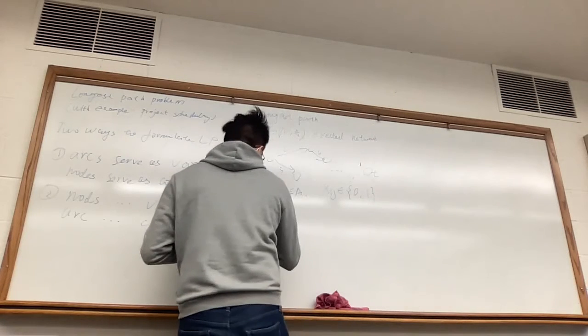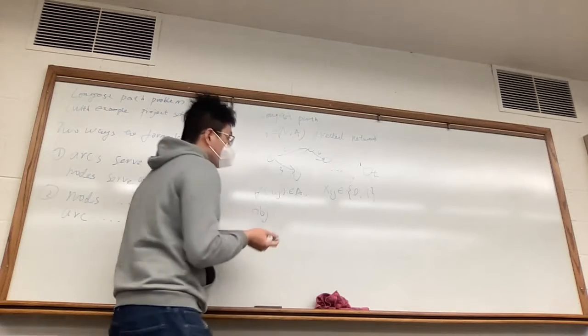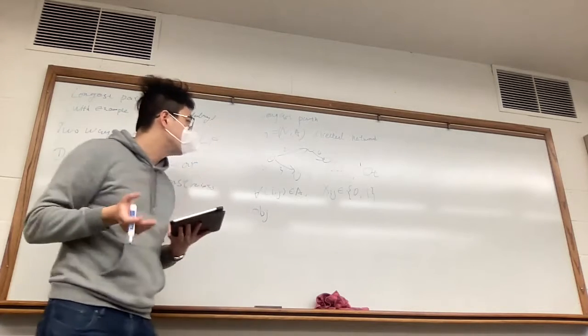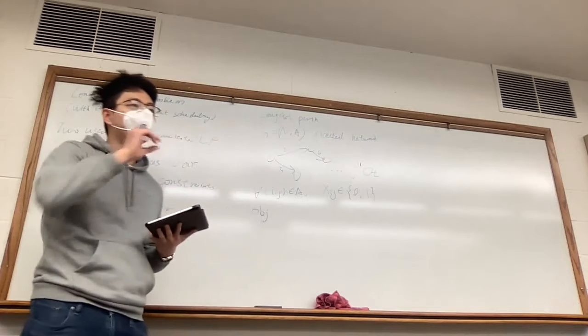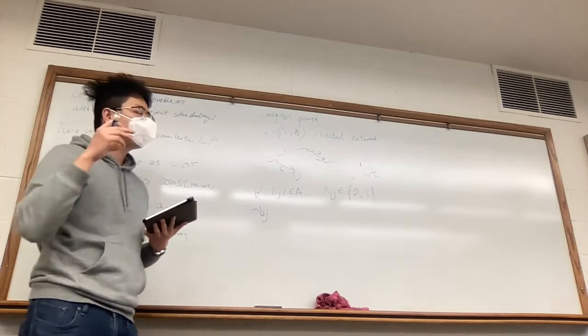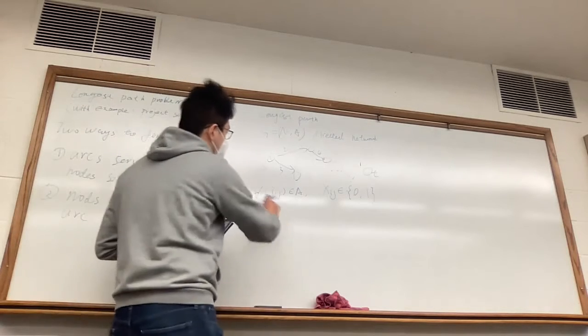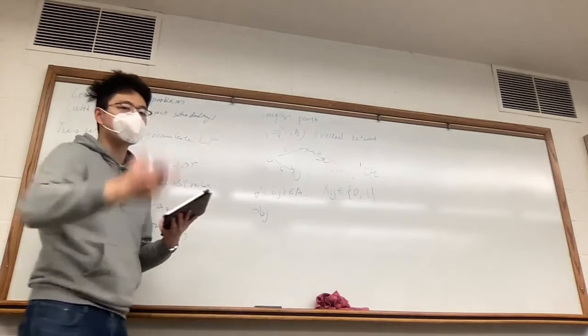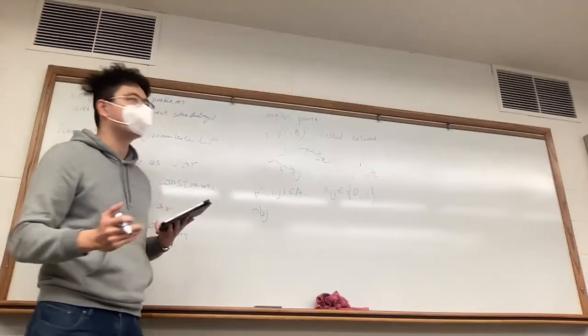So what is our objective function? Because we want to maximize the path from S to T. Now suppose we have already determined the value of Xij, whether it's 0 or 1. How can we design the objective function?